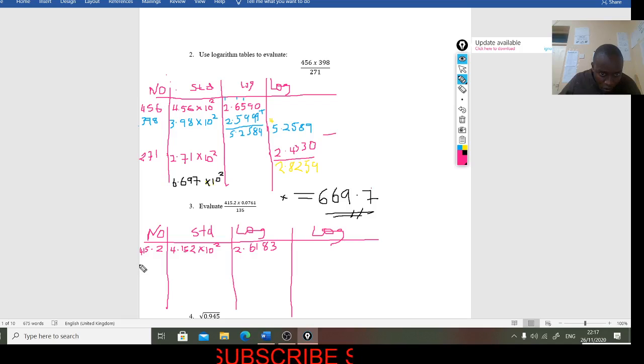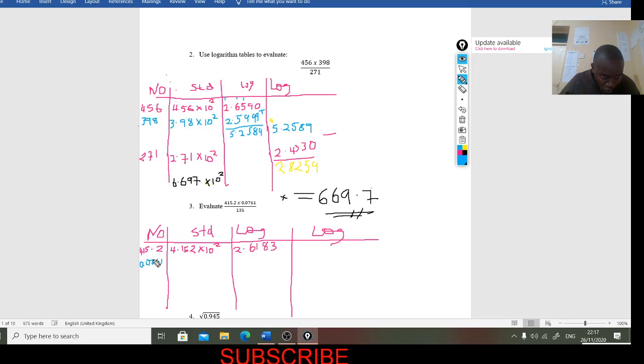Now, because there is a multiplication, I deal with the number that is multiplied. That is 0.0761. I write standard form.